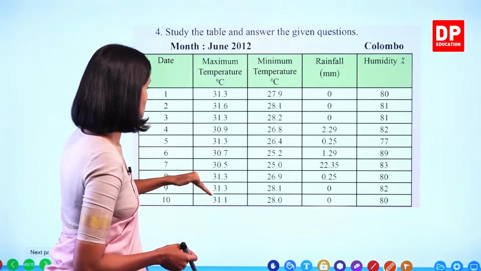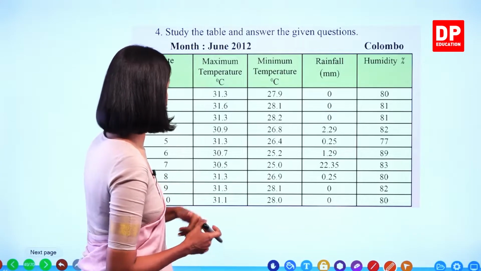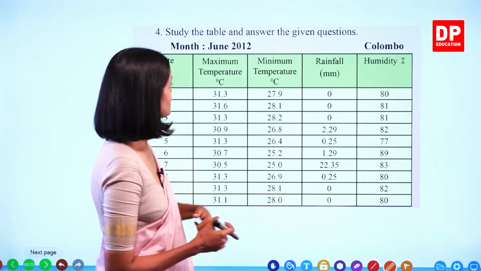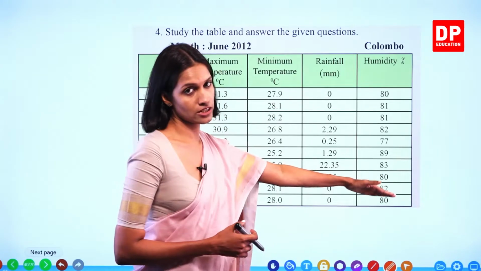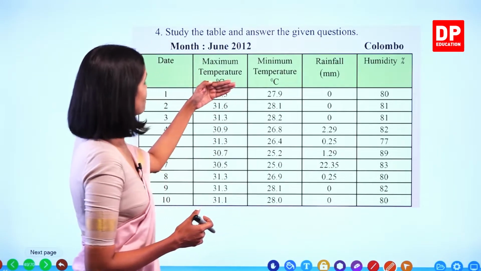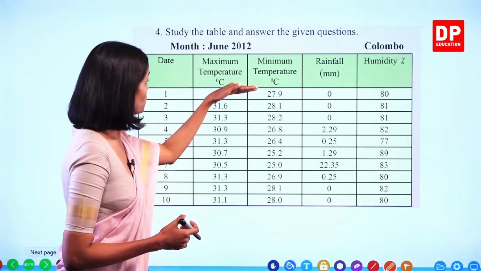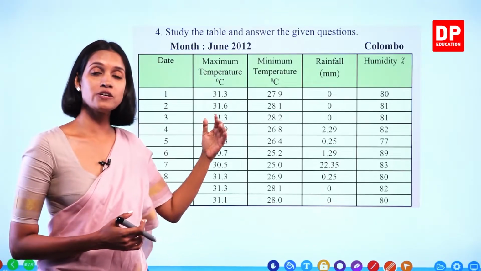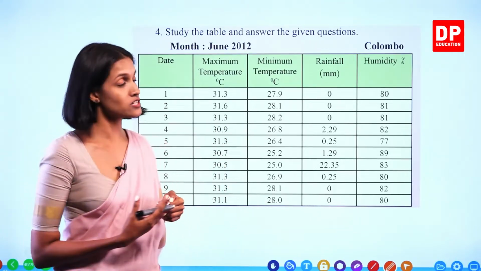Maximum temperatures given here. Minimum temperatures given here, right? Rainfall given here, humidity given here, right? So how can we say that maximum and minimum temperature both in the same day? That is because we know that the temperature changes from time to time, right, children?